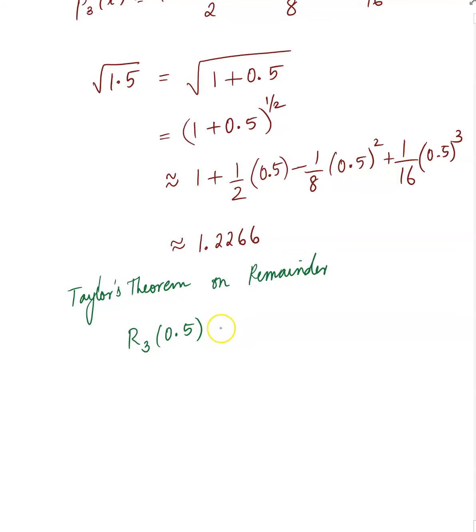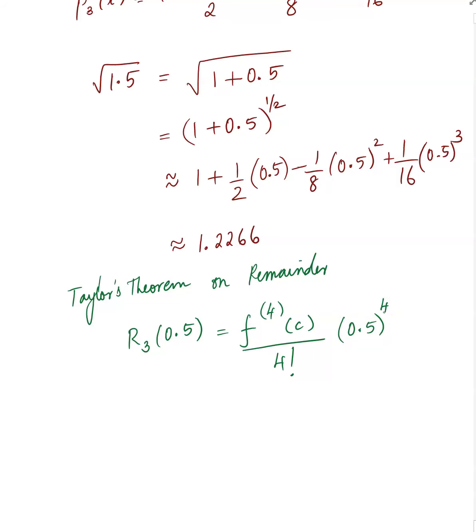So R3 of 0.5 is the f n plus 1 derivative, so that is the fourth. N is 3, so we do 4. That's the fourth derivative of f at c over 4 factorial, times x power n plus 1, and x here is 0.5, so 0.5 power n plus 1, which is 4.